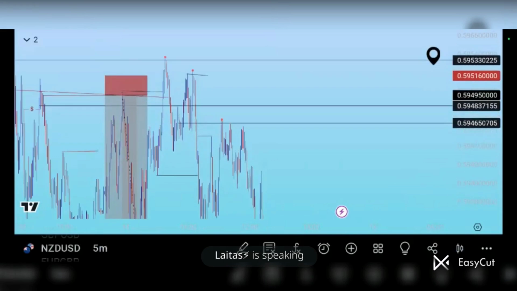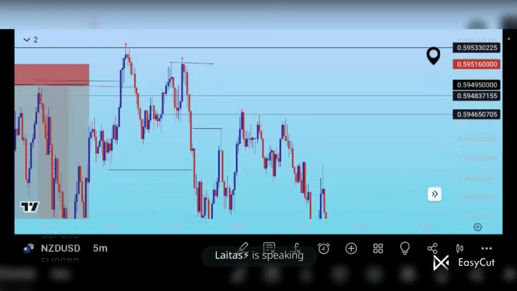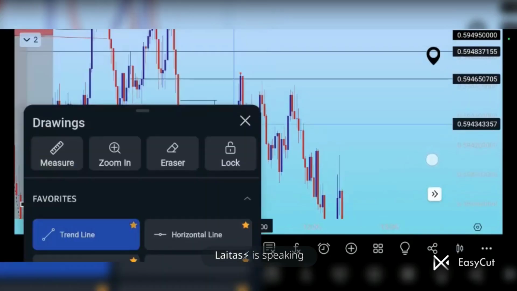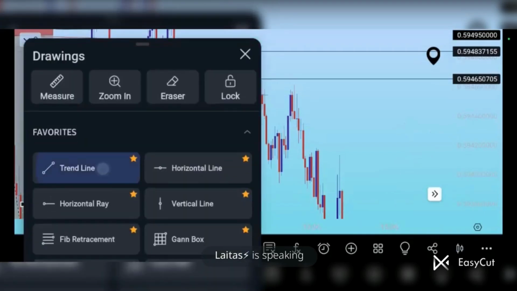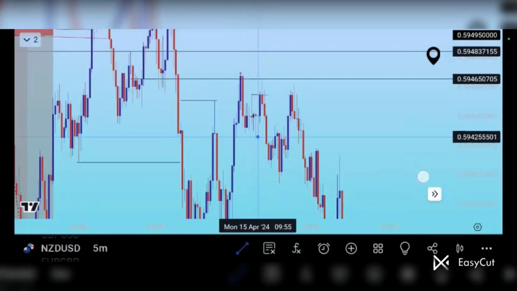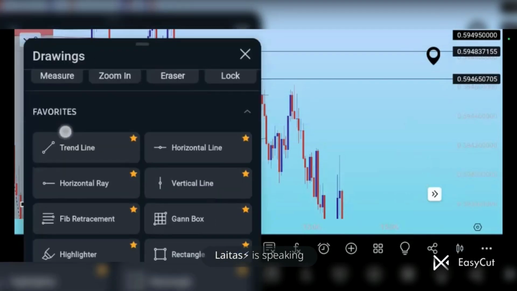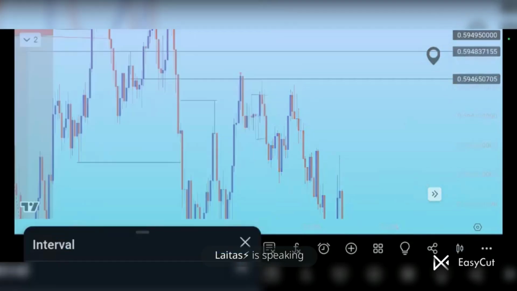If you are someone like me that doesn't take risk entry on breaker block, you just wait for confirmation on the breaker block. So we have this sweep, we have this break, then you don't need to look for liquidity again, even though you can see it on maybe 3 minutes also.